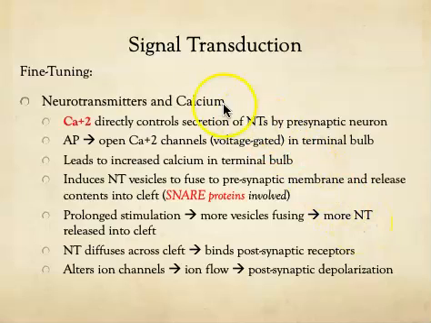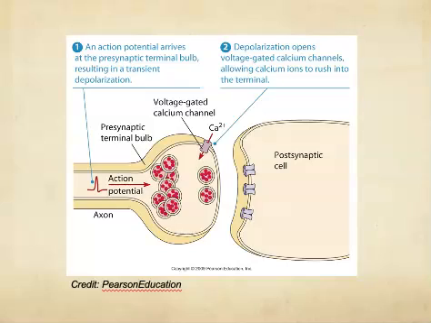So cells have control over when they release neurotransmitter, how much neurotransmitter gets released, and then how long it's allowed to stay in the cleft. Remember, neurotransmitters diffuse across the cleft, and once they've been released, they're going to have an effect. So they bind to postsynaptic membrane receptors and, of course, alter the flow of ions in that postsynaptic cell. Cells keep tight rein over this process.